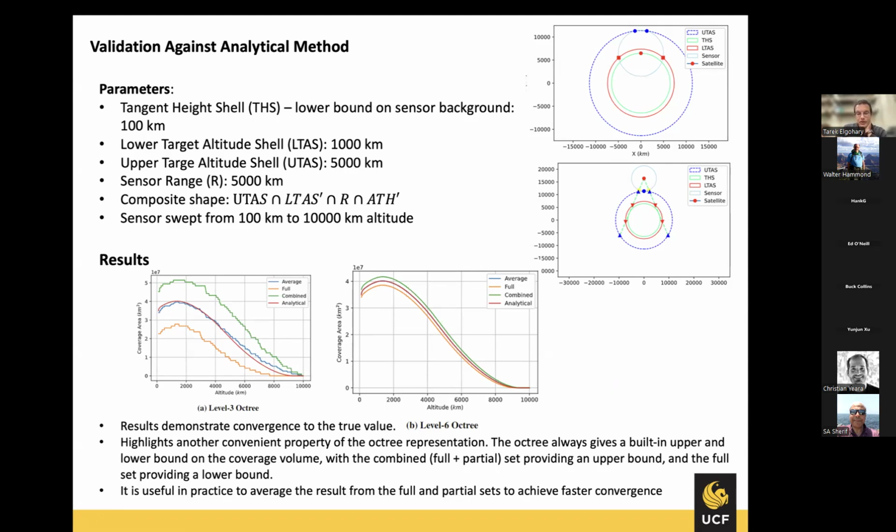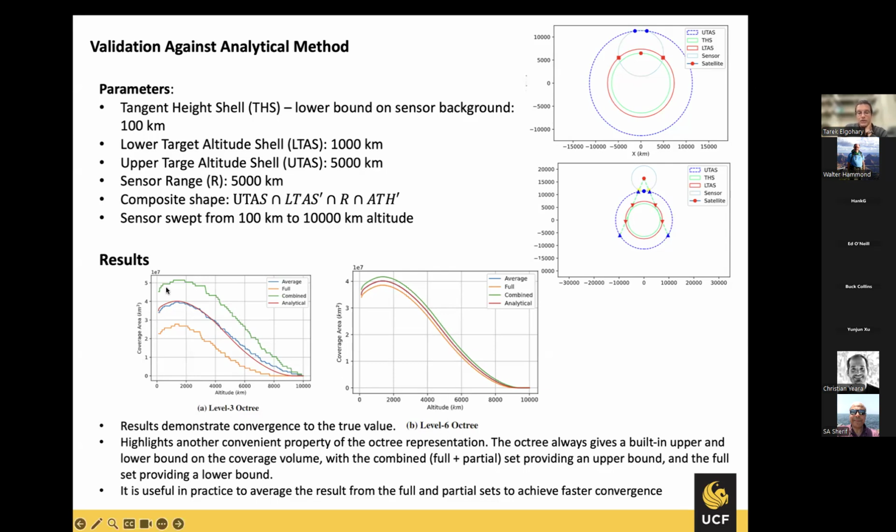Obviously, using our numerical or computational approach, we did agree with the analytical solution. But here is a level 3 octree, so we go 3 levels down the octree, and here's a level 6 octree.